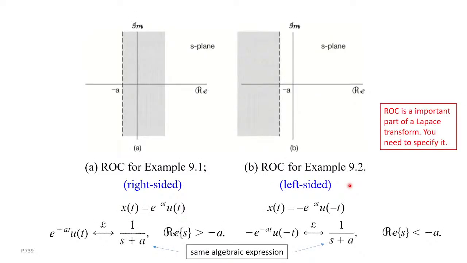Okay? And yeah, so let's see this side by side. So we have some positive a. Then we have two functions that in the time domain look very different. In the time domain, this thing only has strength at positive time, and this thing only has strength in negative time.